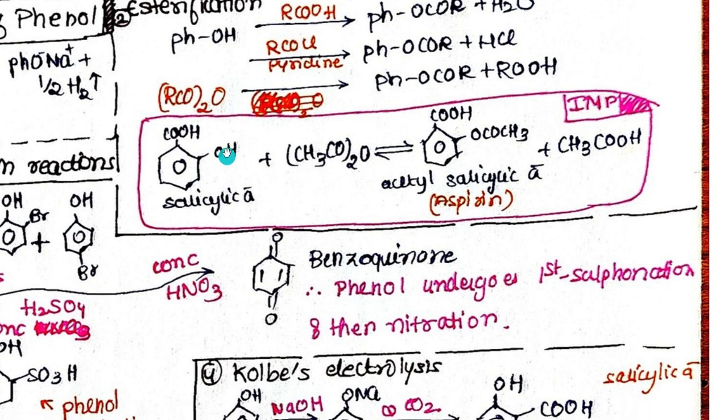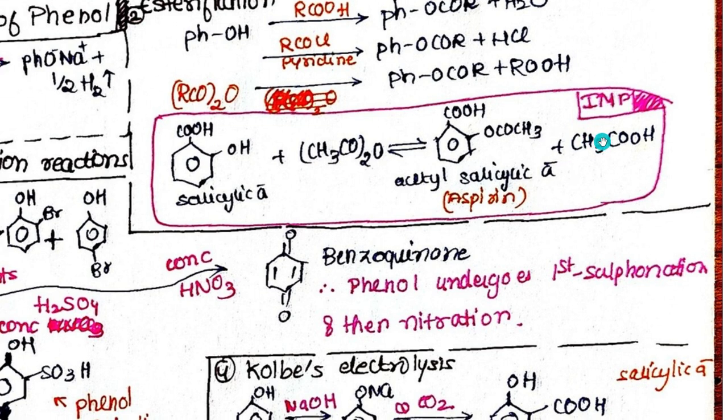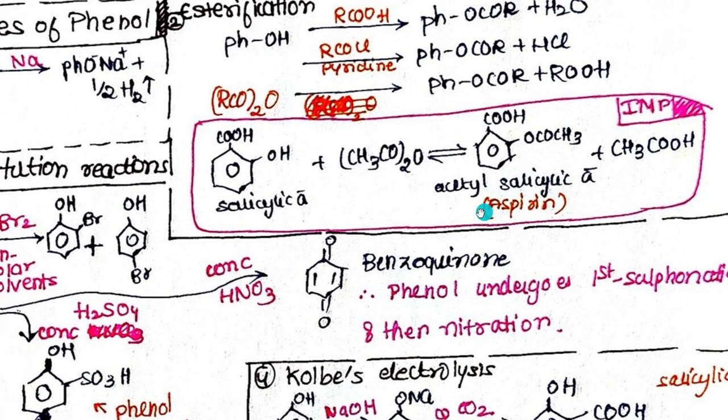And this is an important one, again: salicylic acid plus (CH3CO)2O, a reversible reaction, will give acetyl salicylic acid or aspirin, super important, aspirin, plus CH3COOH. Direct question: give a reaction for the formation of aspirin. So COOH and OCOCH3 are attached to the benzene ring.